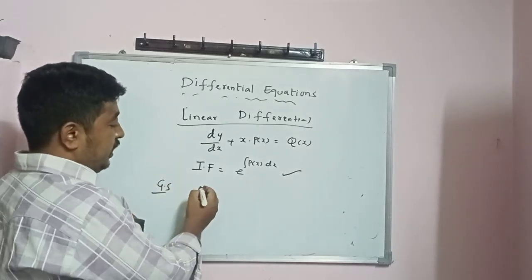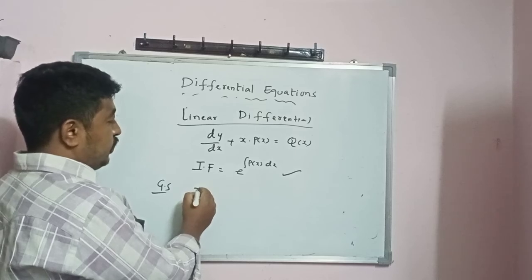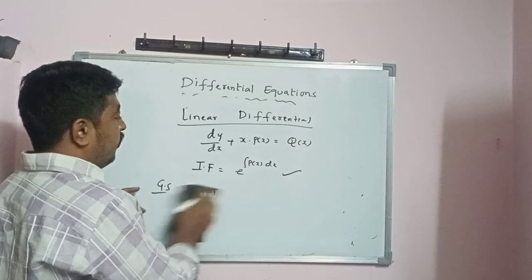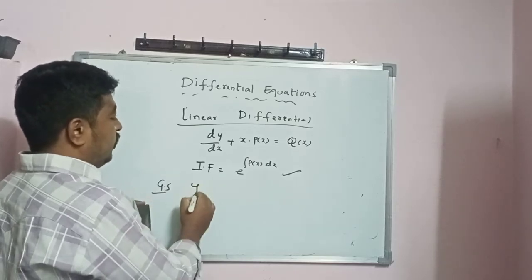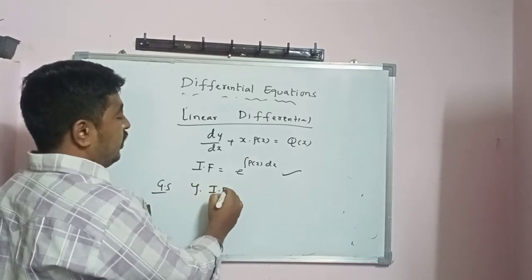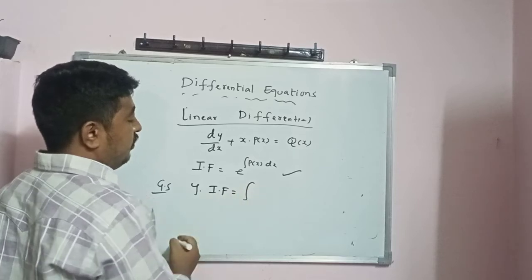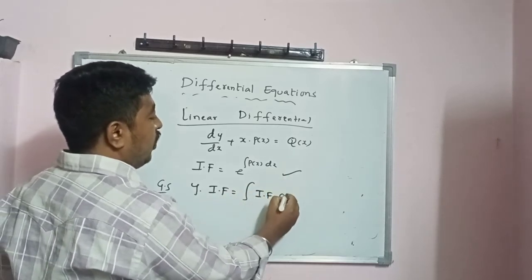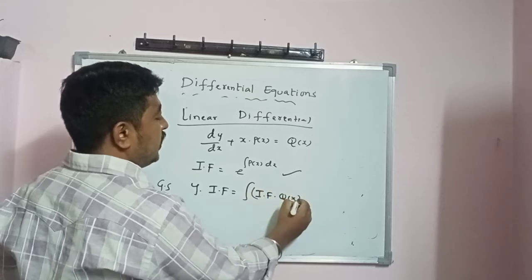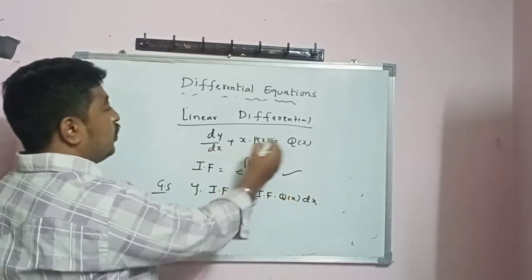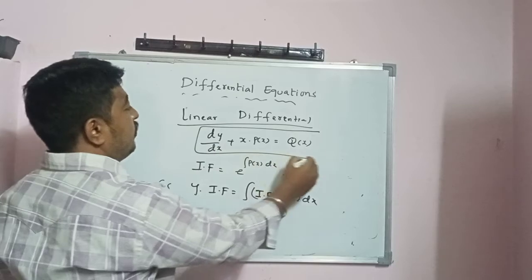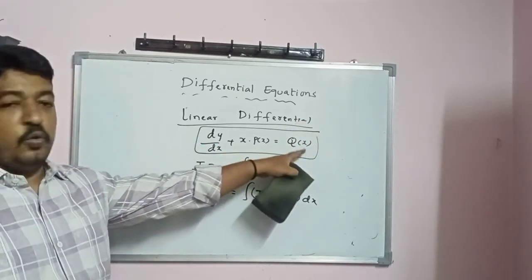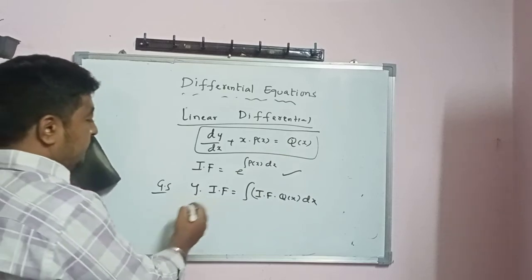The solution is y into IF equals the integration of IF into q of x dx. This is in the form dy by dx plus p of x into y equals q of x.